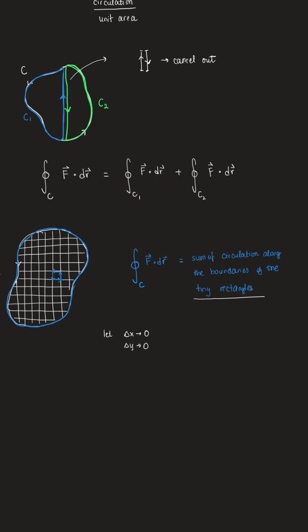When we do that, our line integral along the boundary will be the sum of the little circulation densities along each of these little rectangles. And that was our curl, and here we have our little area element delta x delta y.